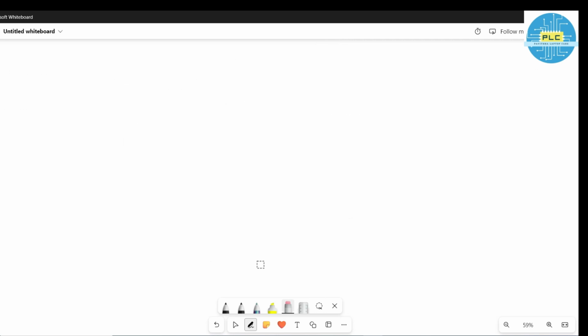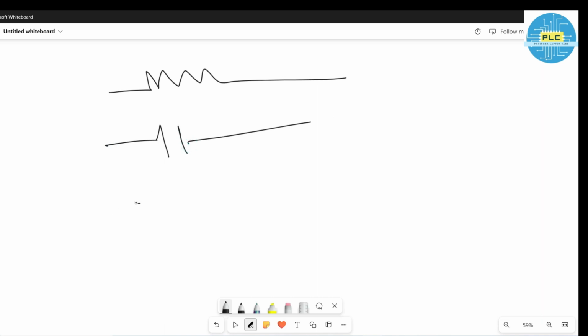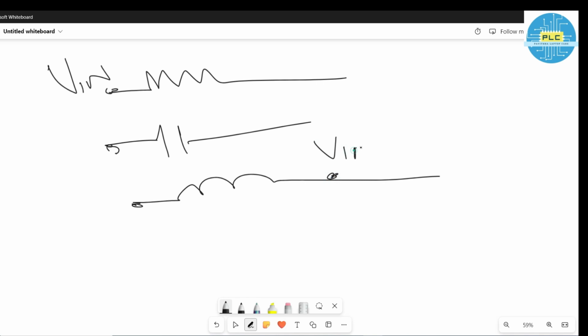I'll write neatly. Once again, if this is also a circuit, and here is a point V in, if I give V in here, then this V in and this V in are the same.